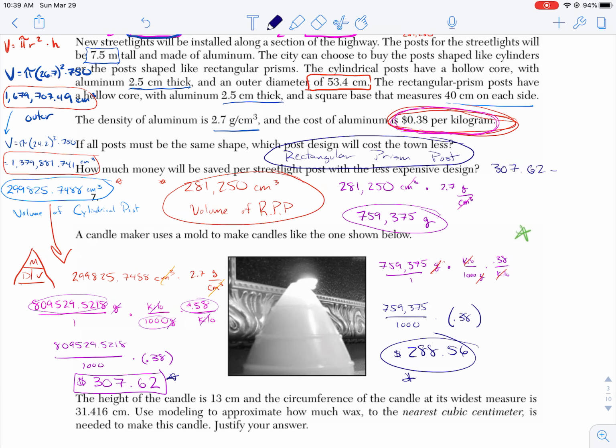So you would go 307.62 minus 288.56, and you should get $19.06. Whew. Wow. What a problem, huh?